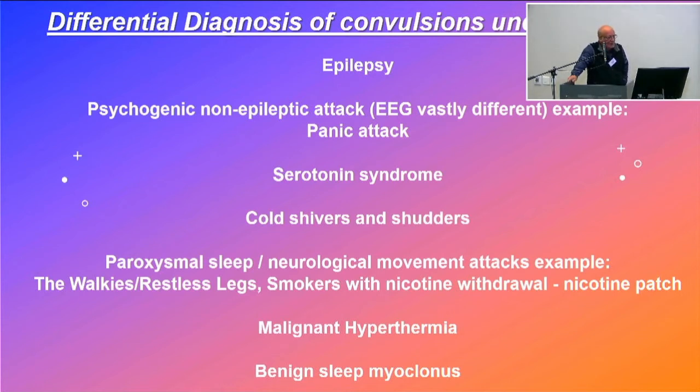Okay. Malignant hypothermia, don't ever forget about that. And then benign sleep myoclonus, which is also a lot more common than we think. What do we do with patients on long-term oral sedatives, for instance, for panic attacks and anxiety?